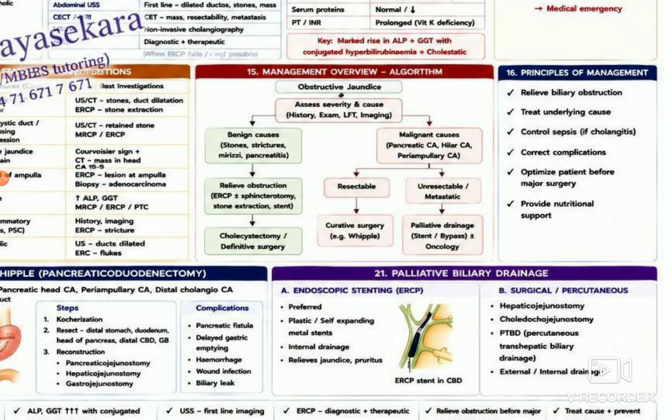Unresectable cases. If the disease is advanced, palliative stenting or bypass is performed. Even if cure is impossible, relieving obstruction improves the jaundice, appetite, pruritus, liver function, and quality of life.